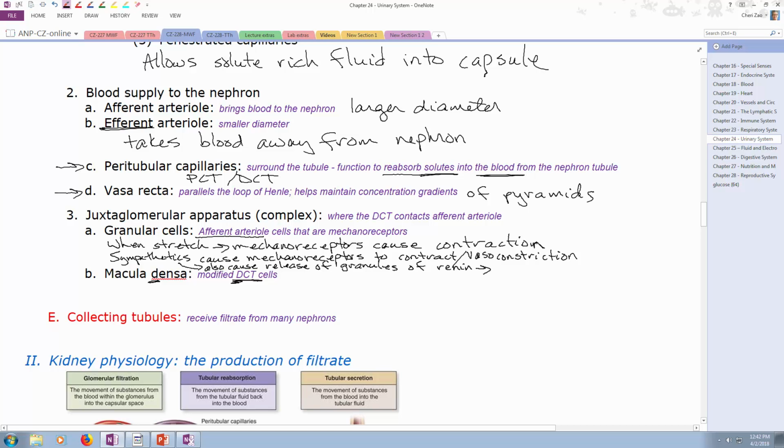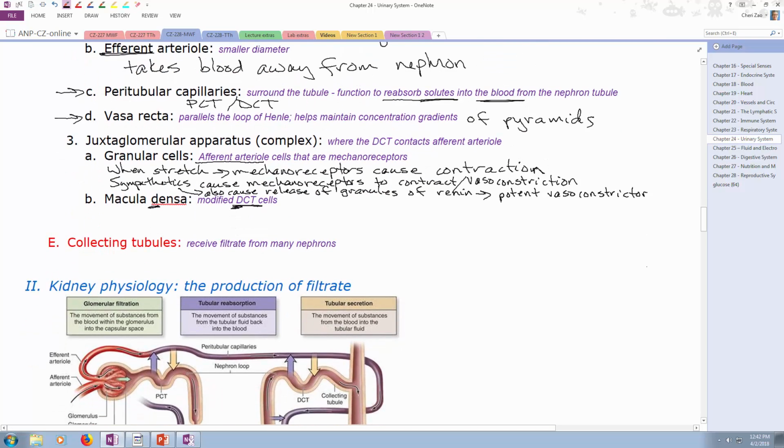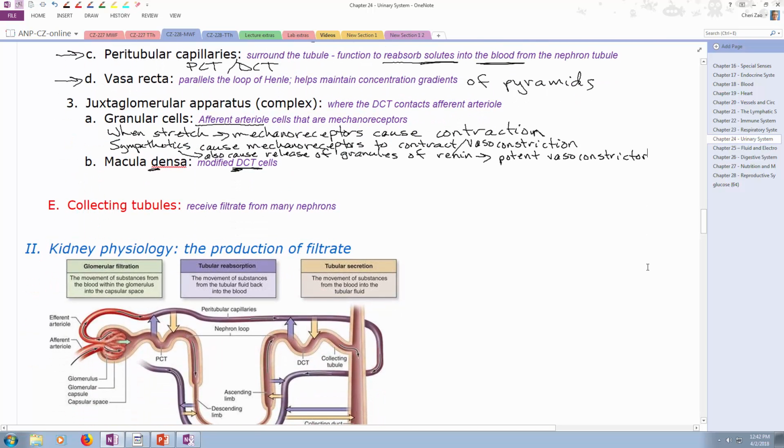Renin is a potent vasoconstrictor. So two things will stimulate the mechanoreceptors. Stretch causes them to contract down, or the sympathetic nervous system causes them to vasoconstrict and release renin for further vasoconstriction.